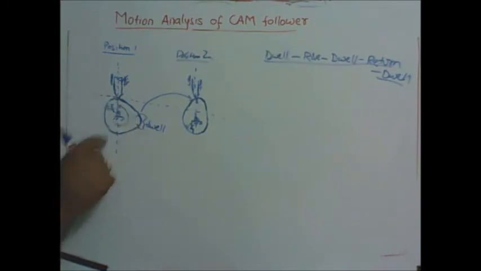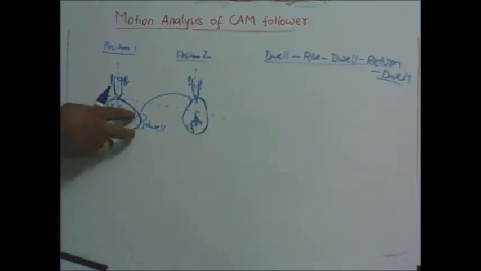This portion is circular, so as long as the follower contact point is in this zone, it will be a dwell. Again, this is a circular portion with respect to a certain center with some radius, so this will again be a dwell portion. The remaining portion continuously changes its center of radius, so curvature is continuously changing, and automatically there will be some rising or falling down.